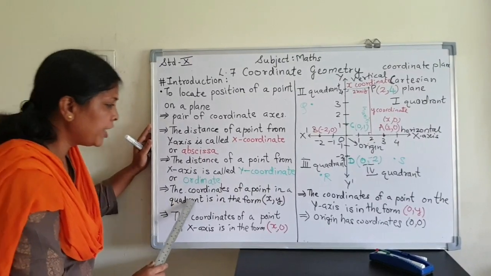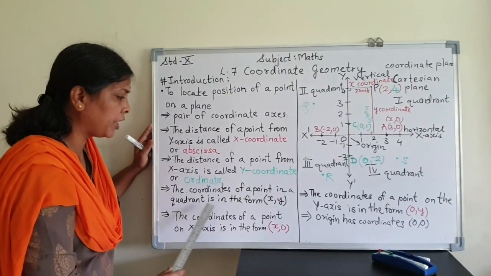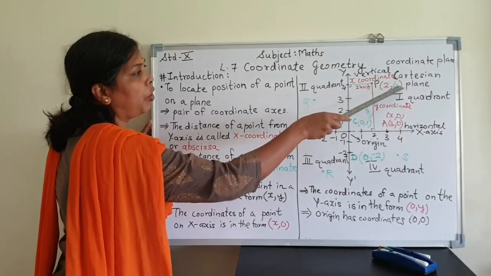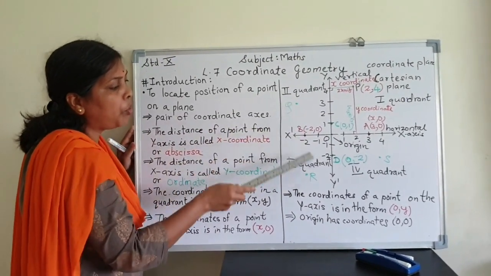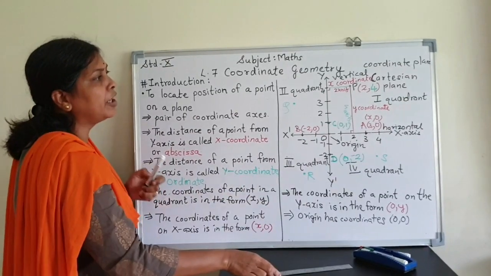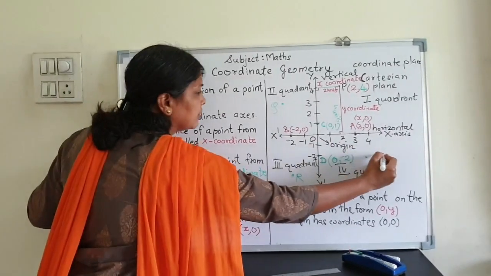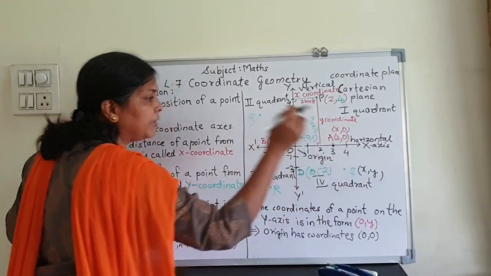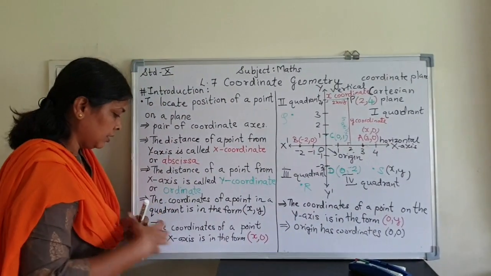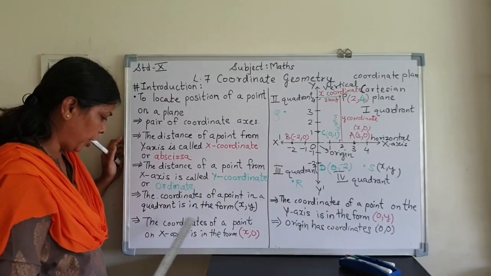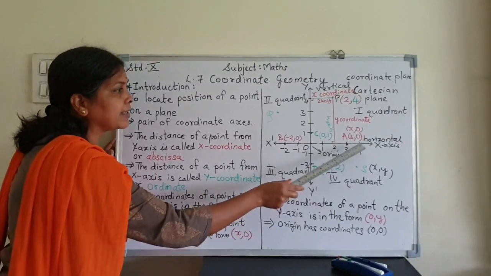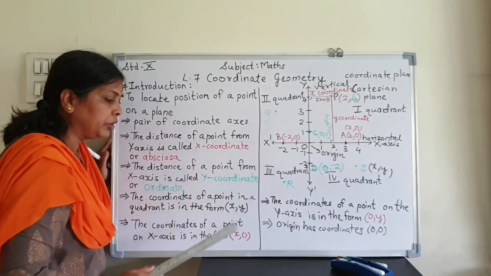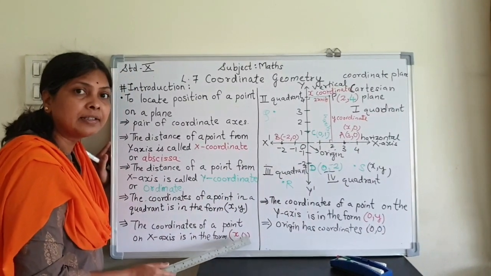Next, the coordinates of a point in a quadrant are in the form of (x, y). So when a point is given in any of the quadrants, it is written in the form (x, y). x will be any unit, y will be another unit. The coordinates of a point on the x-axis, for example point A and point B, are in the form (x, 0).